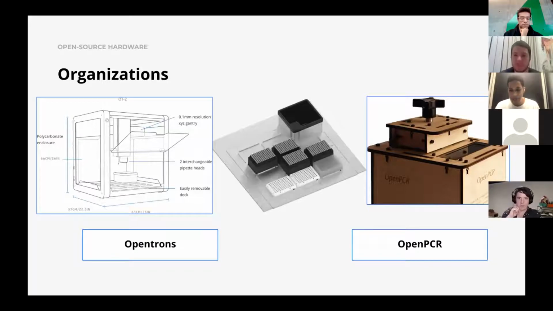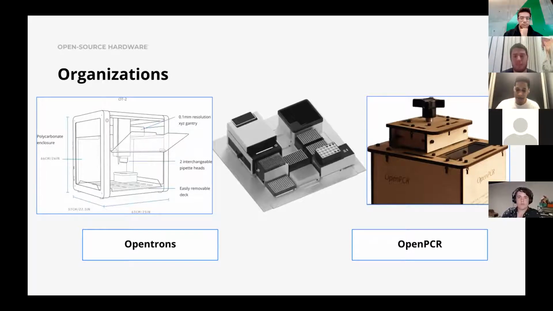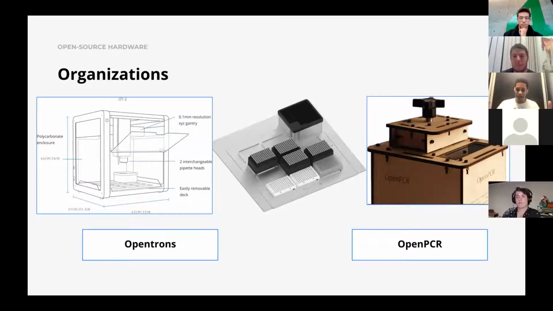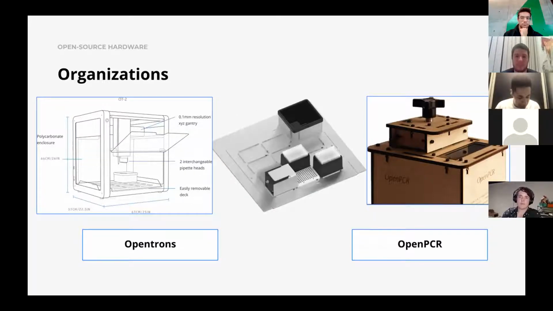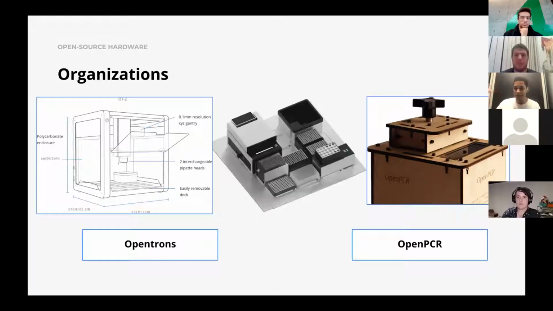Another tool, another piece of open source hardware comes from OpenPCR, and that is an easy to use, affordable thermocycler for PCR reactions. I mentioned before a problem that we're currently facing is COVID-19.